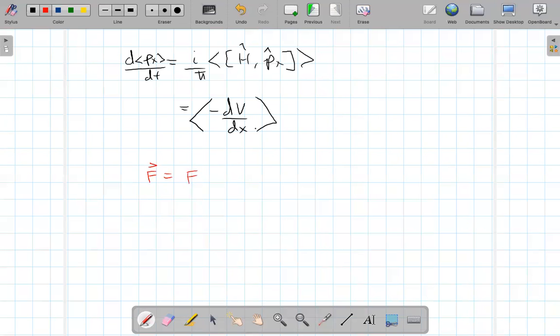That is also force, right? So again, even the expectation value of the momentum evolves with time exactly the same way that it does classically. It just says that the force is equal to the force. Again, each individual particle does not have to abide by this, but an ensemble of particles does have to abide by this. So again, this is just the Ehrenfest theorem.